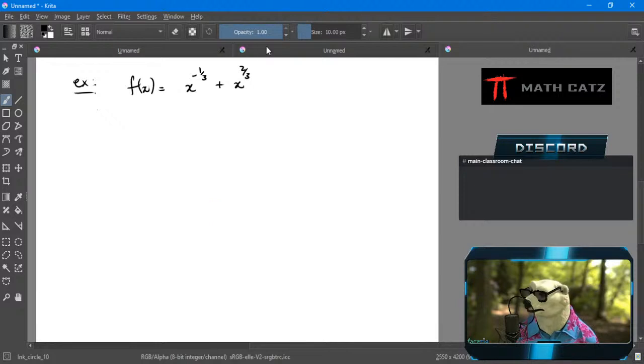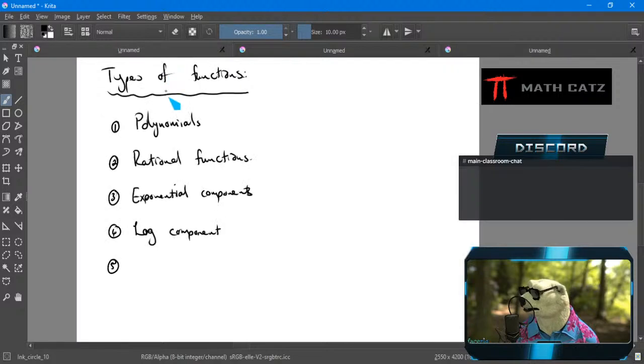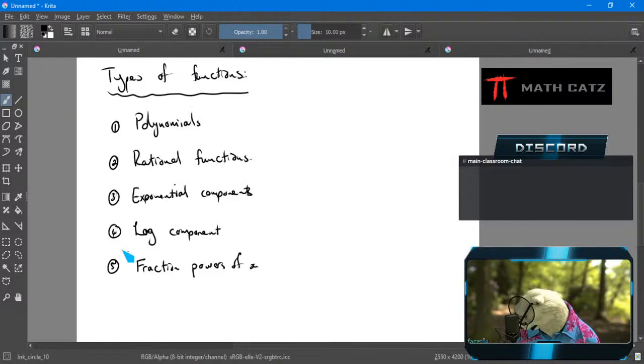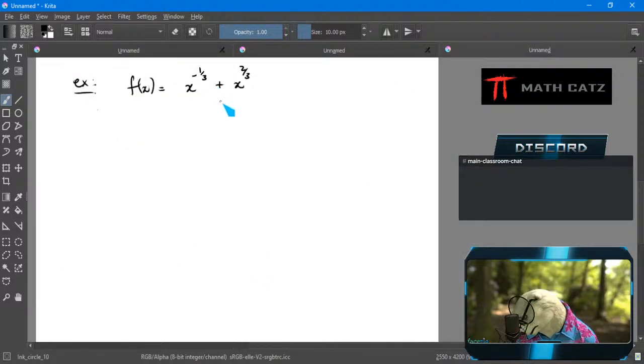Now, luckily, we can group the negative and the fraction powers all together. It doesn't matter if there are negative numbers. It's the issue of having fractions in my exponents. So I'll just call this fraction powers of x. Maybe this guy has a name. I don't know what his name is because I'm grouping more variety in our number 5 than there actually is in classifying these functions, because we don't need to be that complicated.